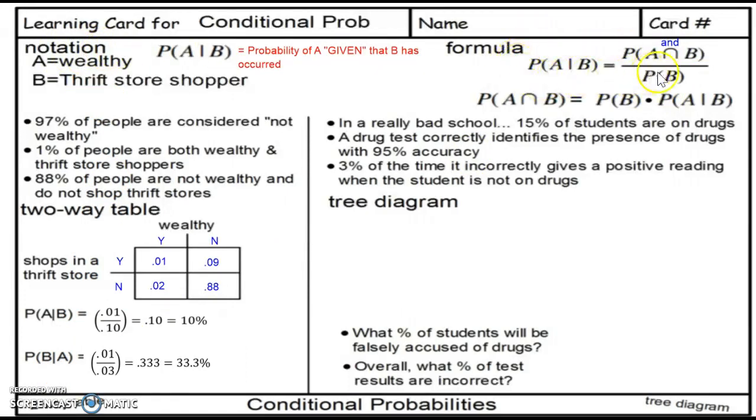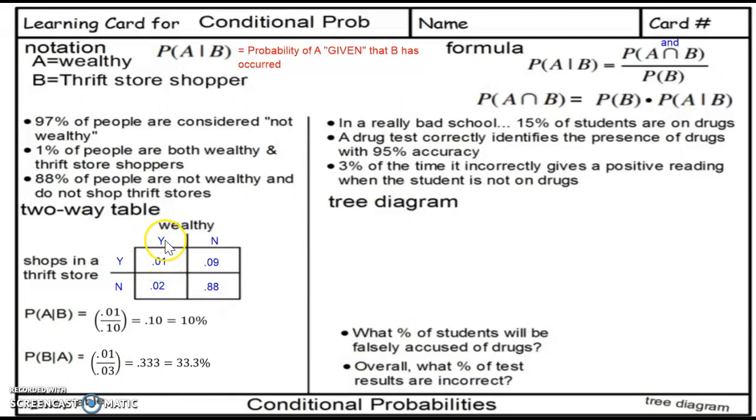So once again, trusting our formula, the probability of being a thrift store shopper given that you are wealthy would be the probability of being a thrift store shopper and being wealthy divided by the probability of being wealthy. The probability of being a thrift store shopper and being wealthy is 0.01.